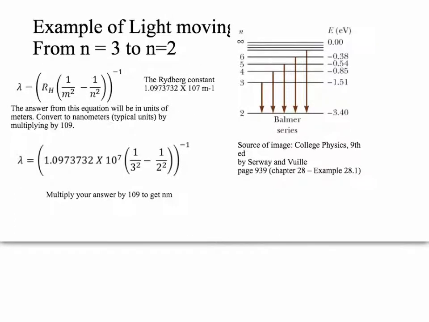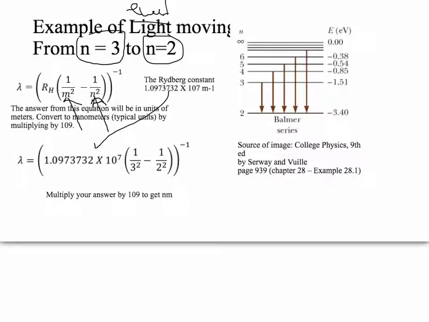So for example, an electron moving from n equals 3 to n equals 2, then we would put 2 as our m squared, so its final position, n equals 2, and initial position is n equals 3, it's falling from 3 to 2, and so we plug the numbers in.